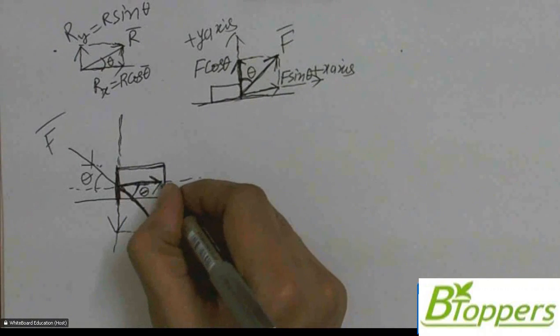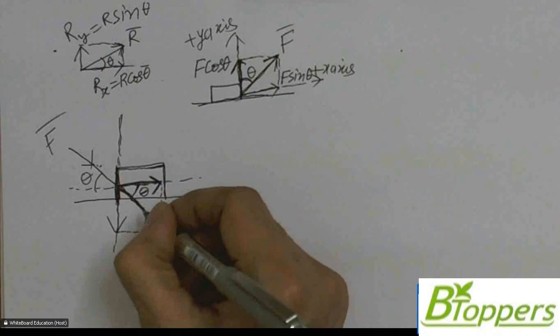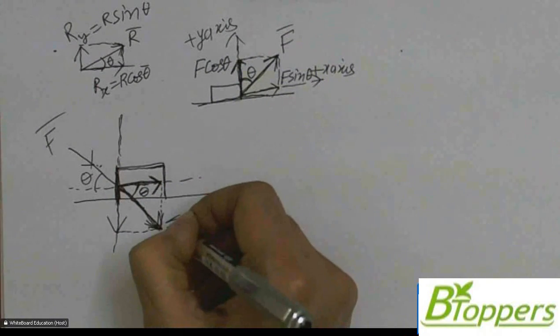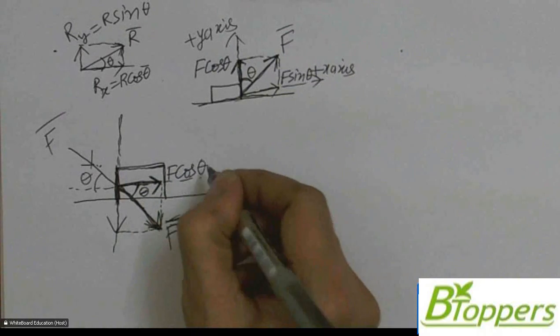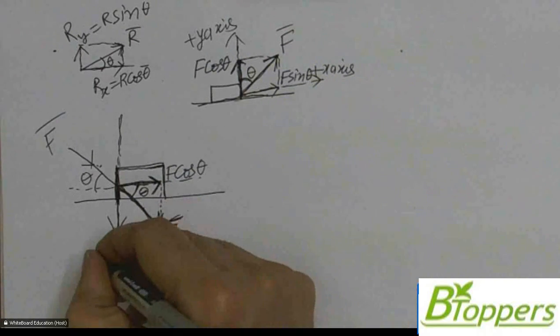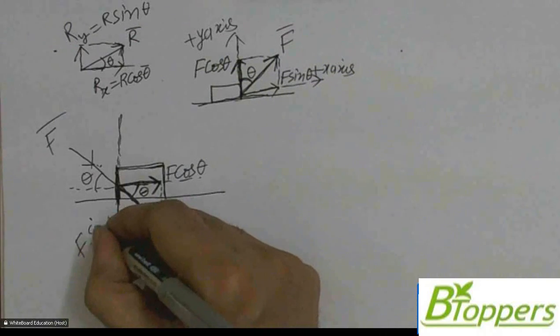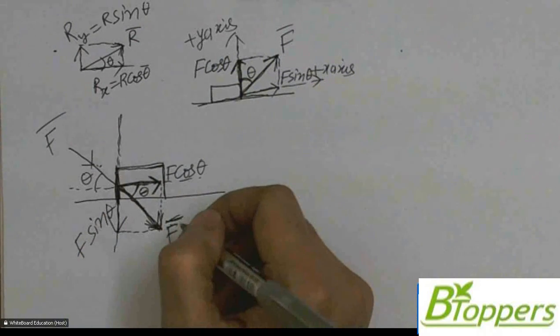So this component which makes angle theta with the direction of the force will be F cos theta. The other component will be equal to F sin theta.